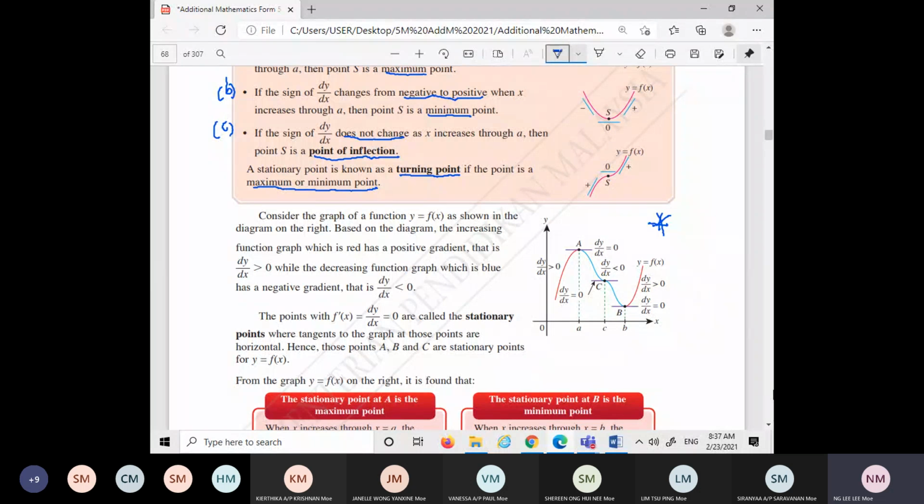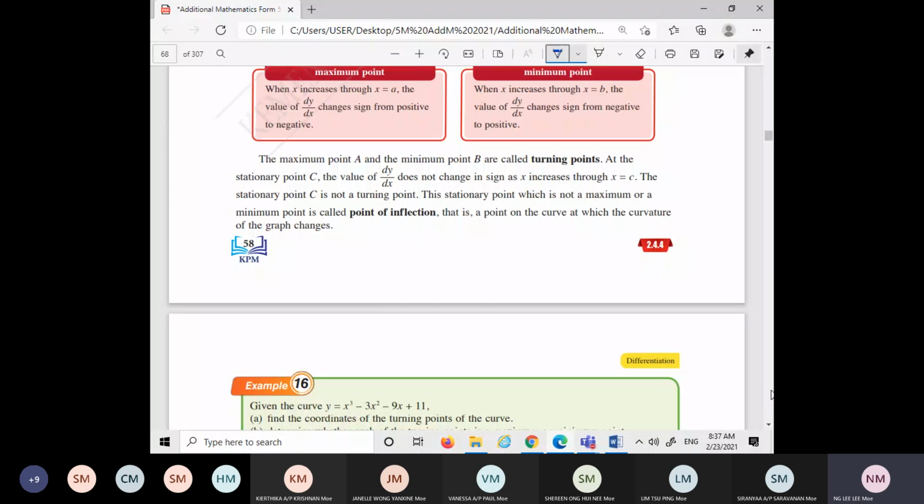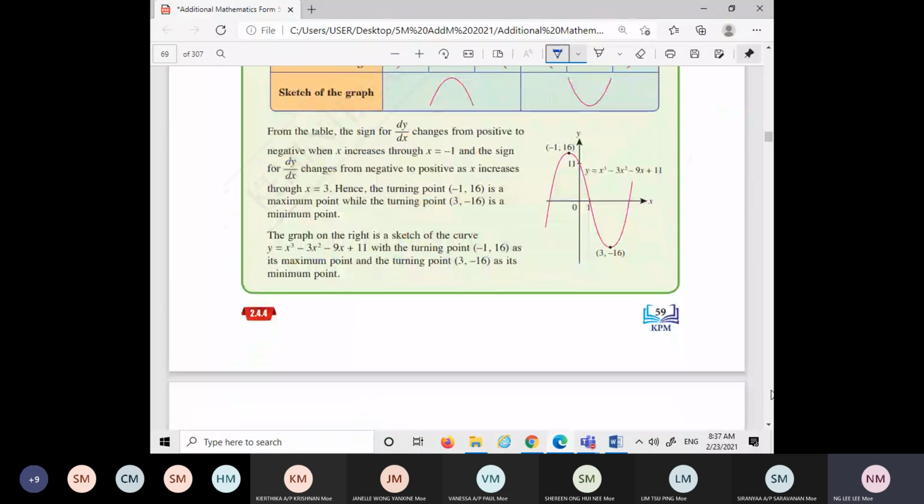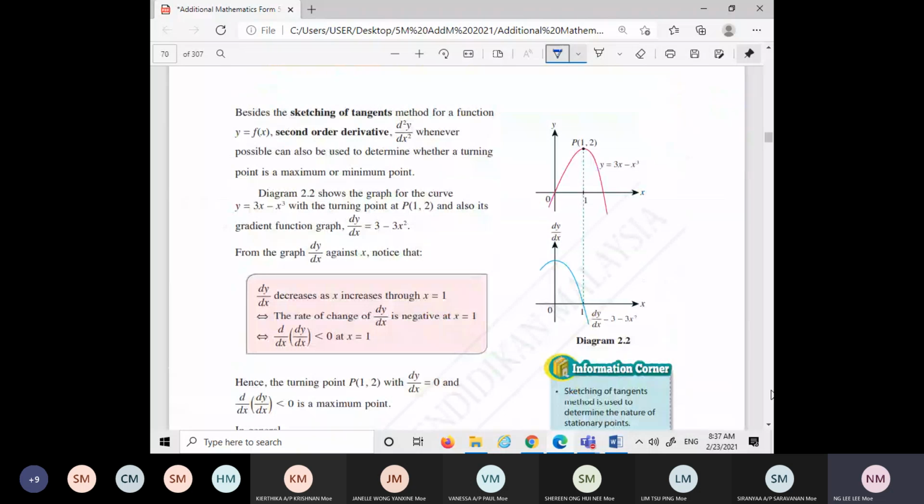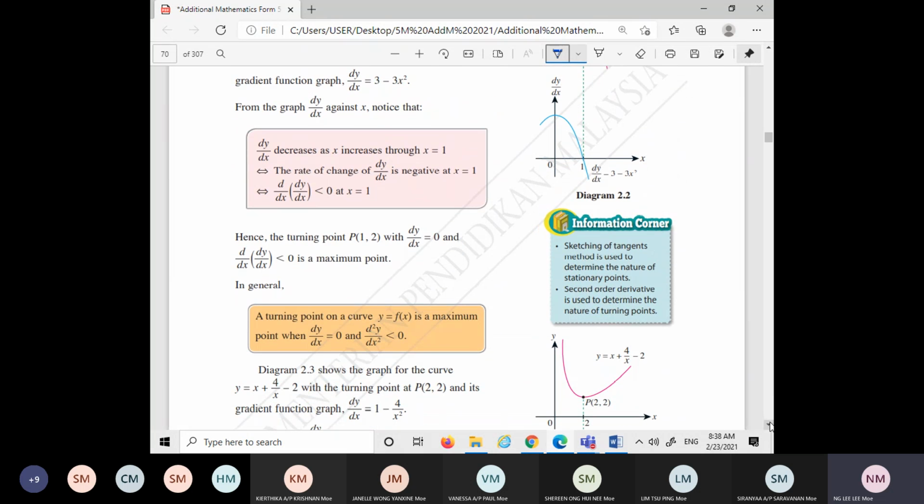We will go to page 60. Same concept. This one I don't want to go too deep. I want to just straight away show you this. Other than just now the table method, or sketching of a tangent method, there is another method for you to know whether the point is a maximum or minimum: by using the second derivative.